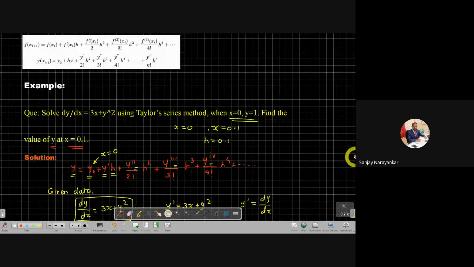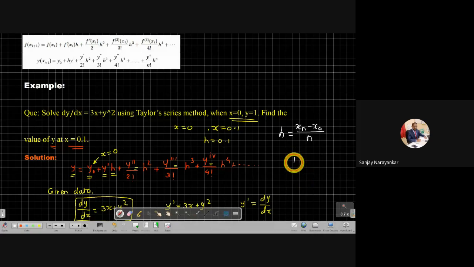See, as I told you, generally h is what? It's a strip size. So h formula is nothing but xn minus x0 upon number of strips. Since Taylor series is one step formula, what does that mean? You get the answer in one step from Taylor series. So it's a one step method.